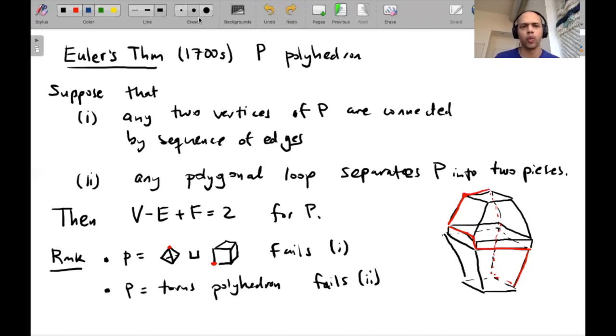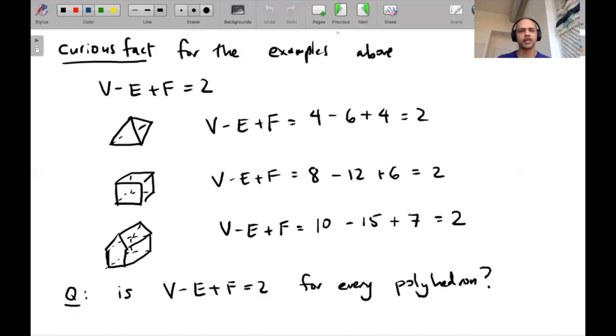One thing you might ask is, back on this slide when I talked about this curious fact, why did you choose V minus E plus F? Why not V plus E plus F, for example?